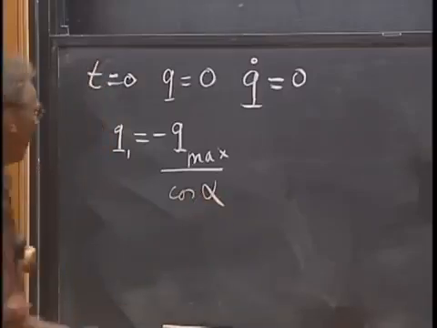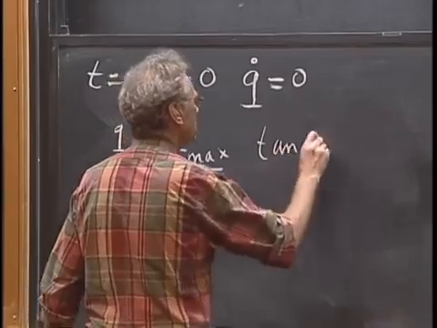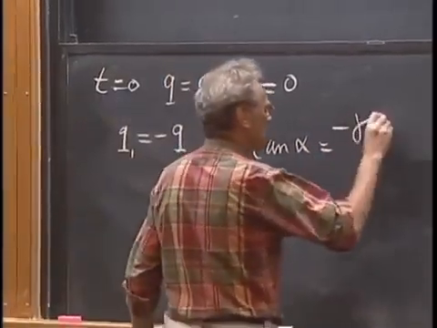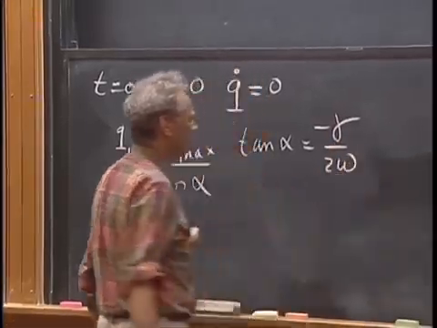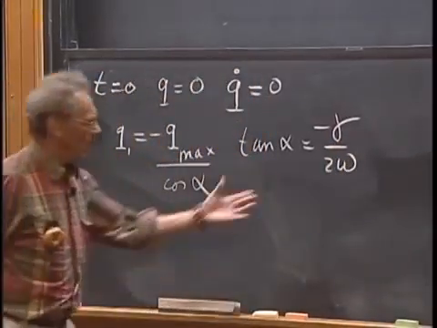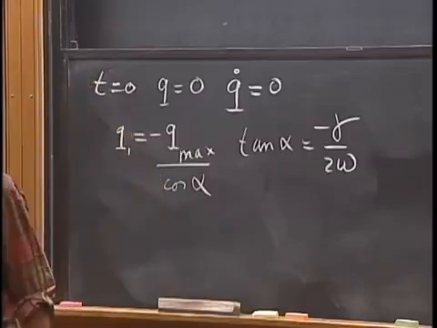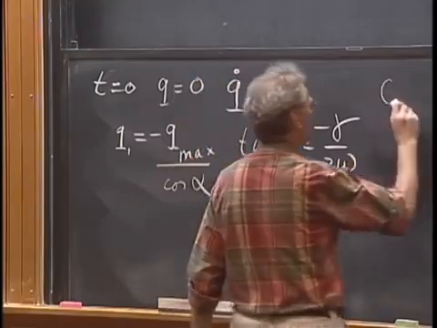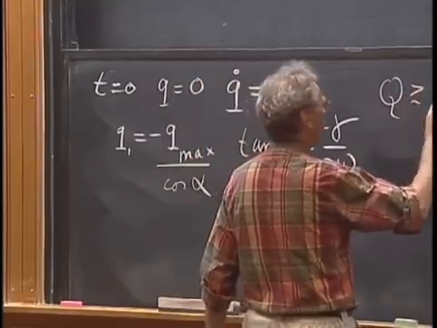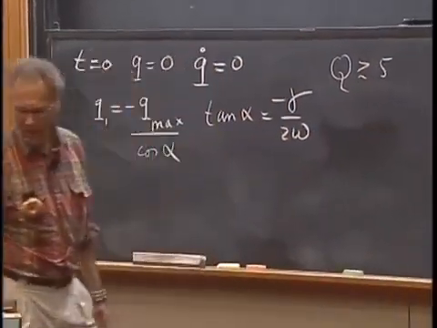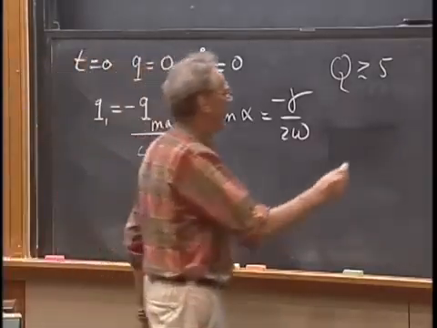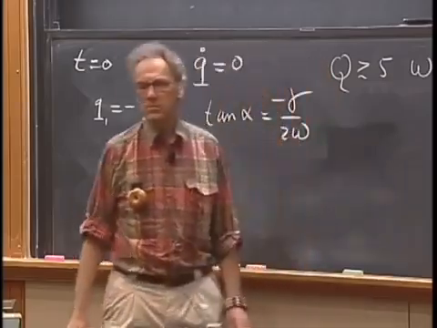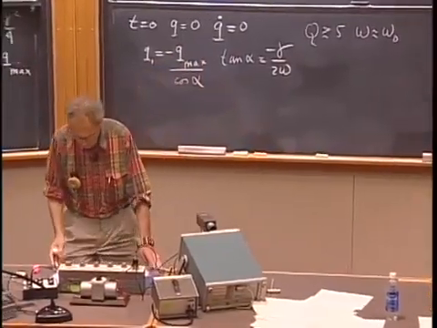And you'll find that the tangent of alpha equals minus gamma over 2 omega. I don't have a very good feeling for these numbers, but what I do have a good feeling for is that I know when Q, say, is larger or equal to 5, then I know that omega is very close to omega 0. Extremely close.